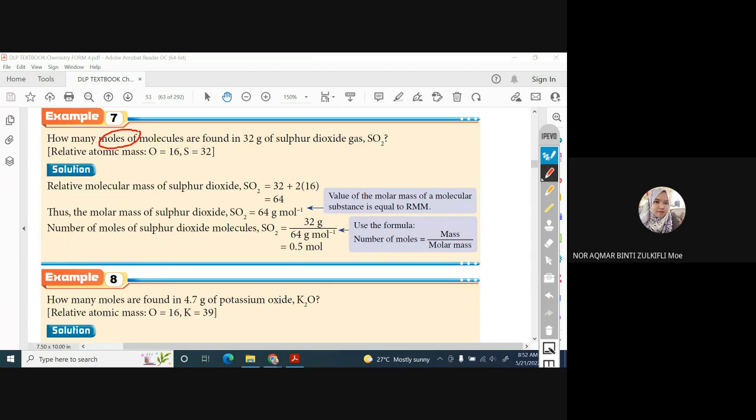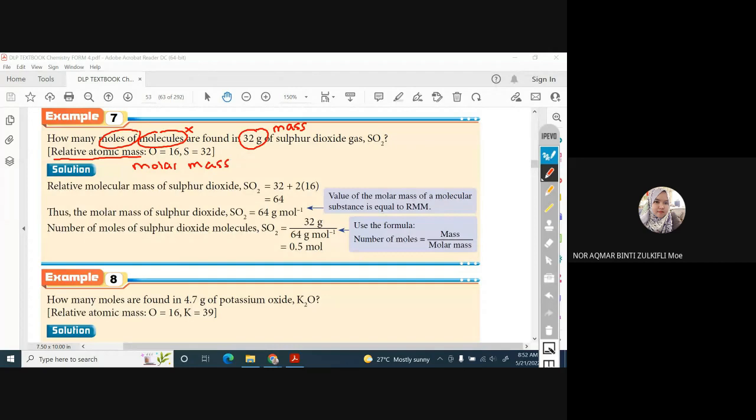Moles means they want moles. Don't worry whether it is molecules or atoms, just ignore that. They want mole, found in 32 gram. So this one is mass. Don't get confused: this is mass, while relative atomic mass gives the molar mass.